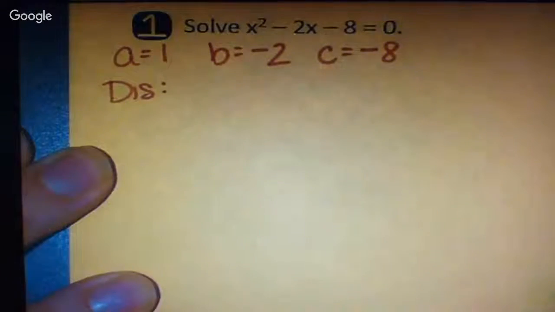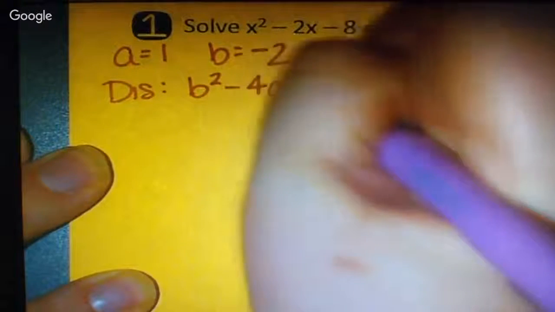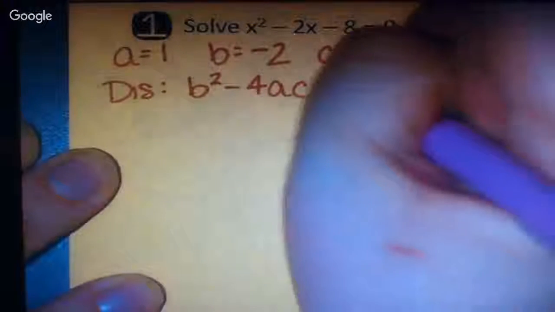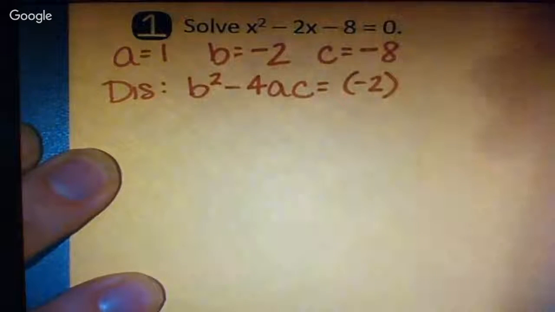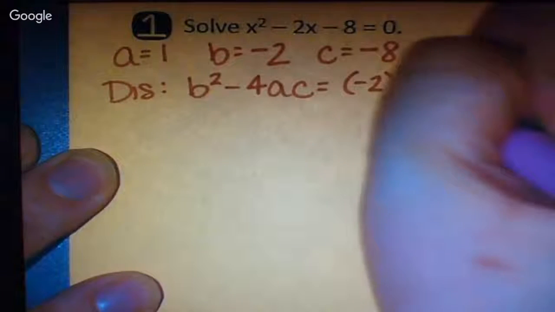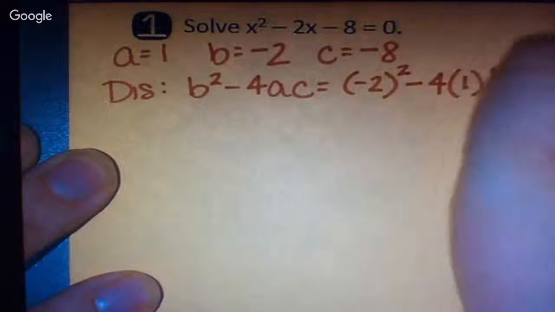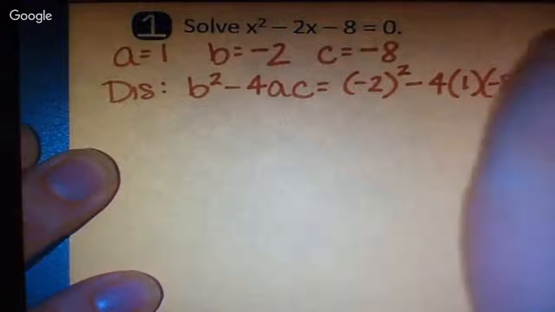Okay, I need to find my discriminant. My discriminant says B squared minus 4 times A times C. So we plug in a -2, we square it, we subtract 4, we multiply times 1, and we multiply by -8.